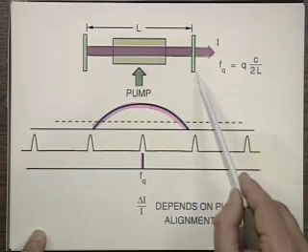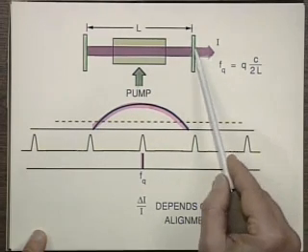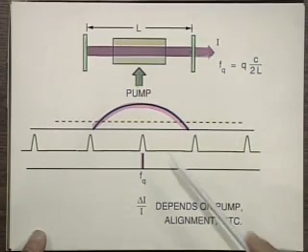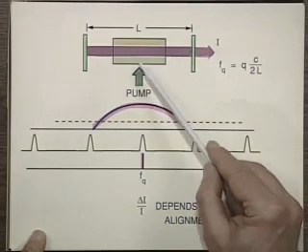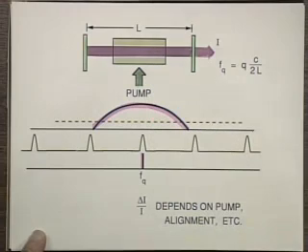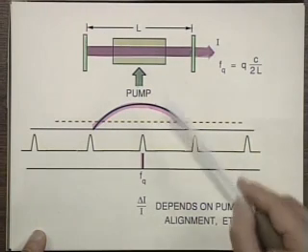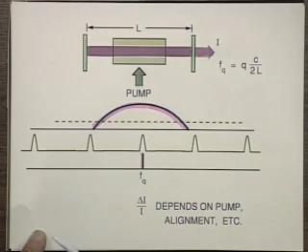Or if you misalign one of the mirrors, as we showed you in the demonstration, you will get more loss, which means you need more gain to overcome the loss, which means the intensity will drop, and so on. So there are many ways of reducing laser intensity. To keep delta I over I small, you need to keep an eye on all these effects.